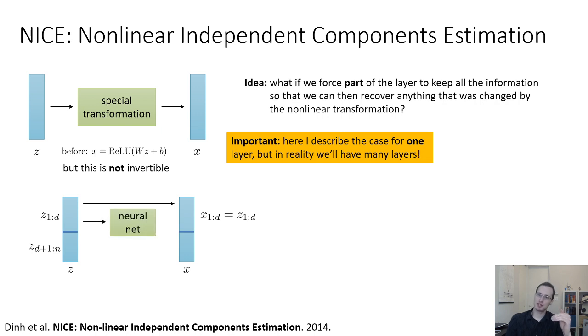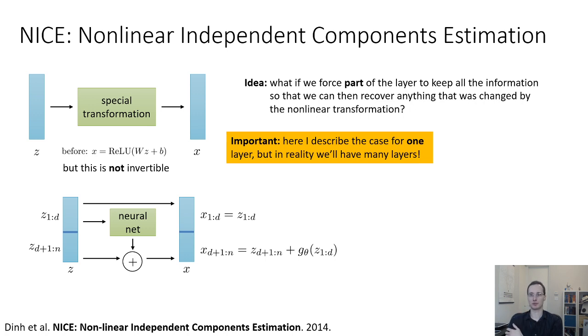And then we'll also take that first part and additionally pass it through some neural net. Maybe that neural net is just like the one above, a ReLU applied to w times z1 through d plus b. So some kind of nonlinear function. And then we'll add that to the second part. So xd plus 1 through n is going to be equal to zd plus 1 through n plus this nonlinear part g theta.